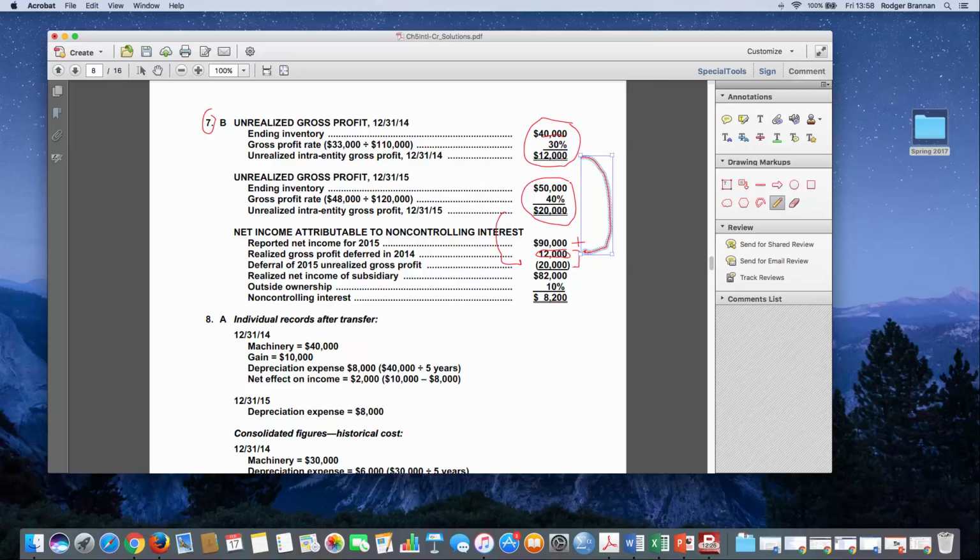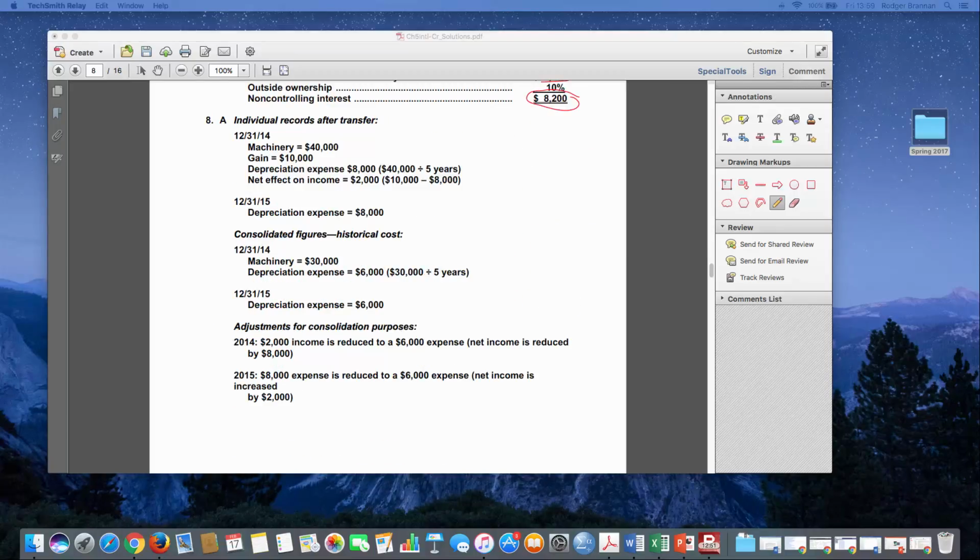And so 20,000 of it would be deferred. Debit cost of goods sold, credit inventory. So the net amount of net income of the subsidiary after these 2 adjustments is 82,000. Now, since non-controlling interest is 10%, 10% of the amount of $8,200 is the amount attributable to them.